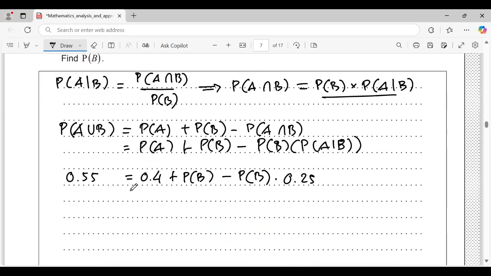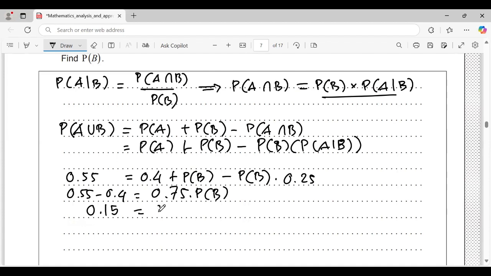And it becomes 0.55 minus 0.4 equals 1 probability B minus 0.25 probability B, which is 0.75 times the probability of B. And 0.55 minus 0.4 is 0.15.